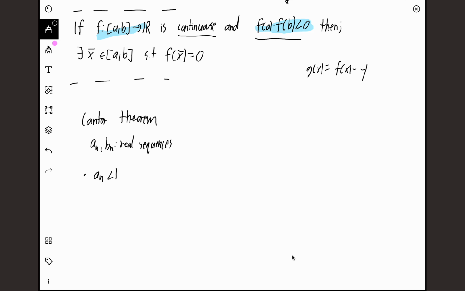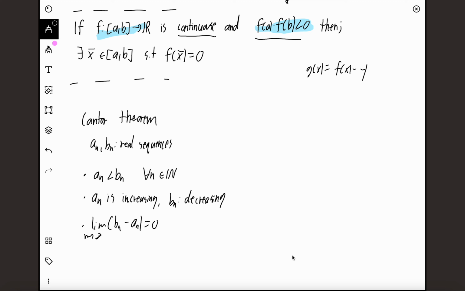First of all, an is less than bn for every n in N. So an will always be less than bn. Then an is an increasing sequence, and bn is a decreasing sequence. And the last property is that the limit as n goes to infinity of bn minus an has to equal 0.